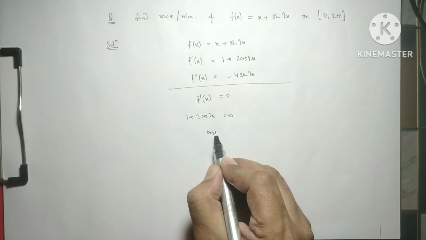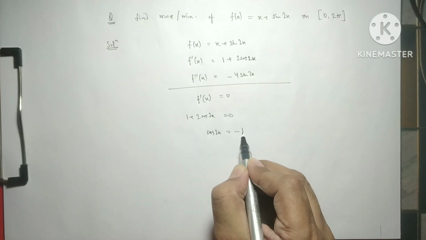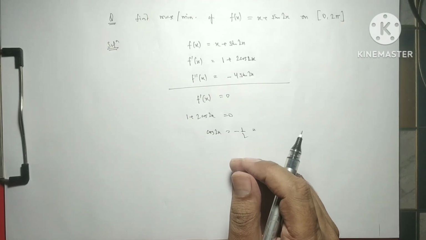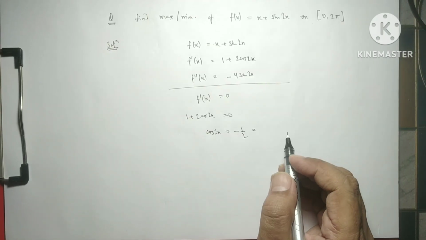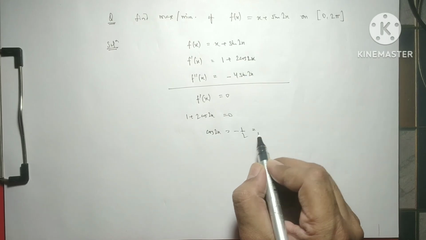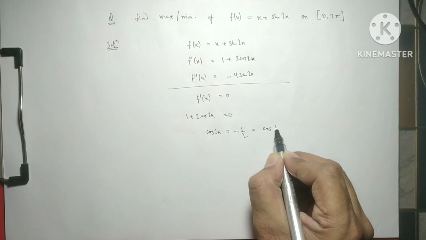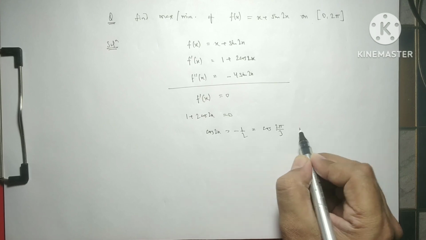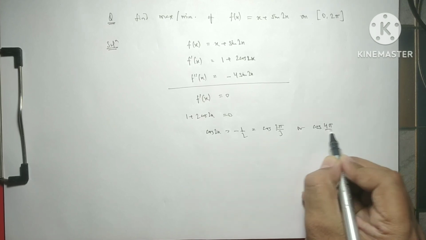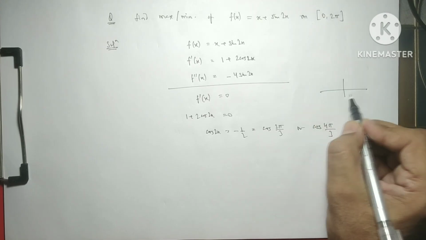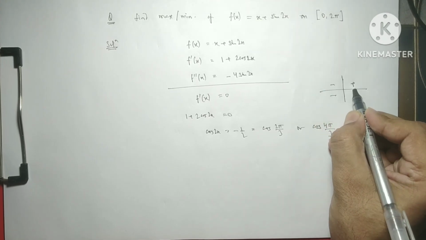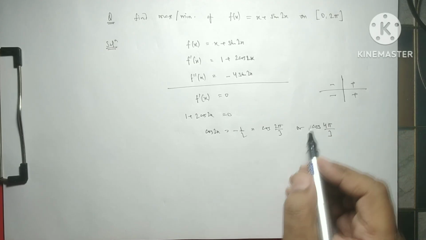So cos 2x is minus half, that is, in the second quadrant it will be 2 pi by 3, and in the third quadrant it is 4 pi by 3. So it is cos 2 pi by 3 or cos 4 pi by 3. As we know, cos is negative in these two, and it is positive in first and fourth.